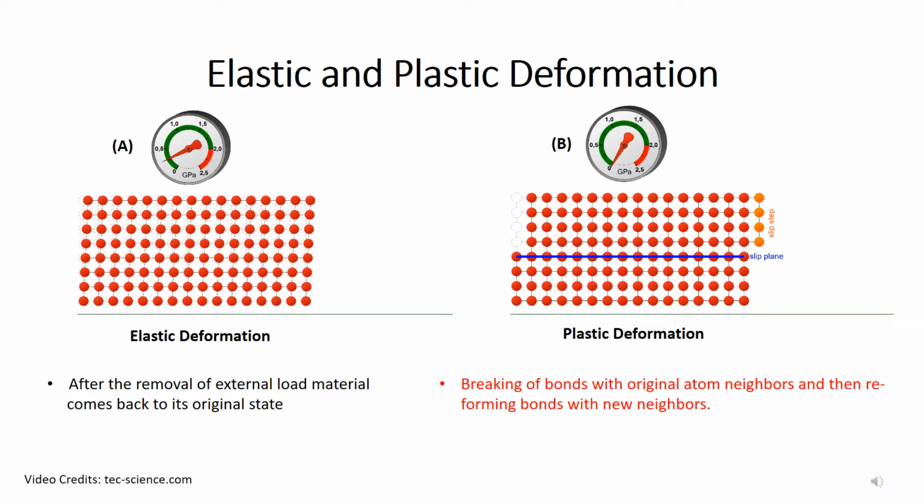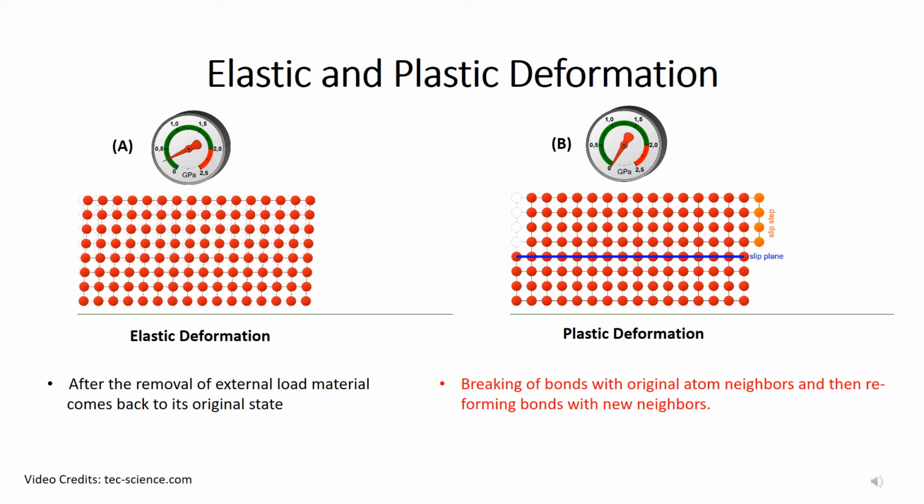But in case of plastic deformation, when we are increasing the load, as you can see, this needle shows that the load is increased. Then after the removal of the load, when the load comes to this 0 position, you can see that a unit slip step has been produced.